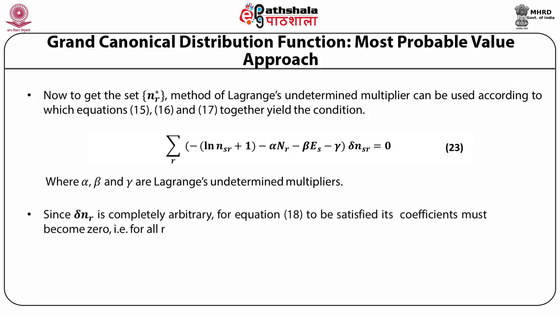Since delta N_SR is completely arbitrary, for equation 18 to be satisfied, its coefficients must become 0. That is, for all S, R, minus log of N star SR plus 1 minus alpha N_R minus beta E_S minus gamma must be equal to 0.